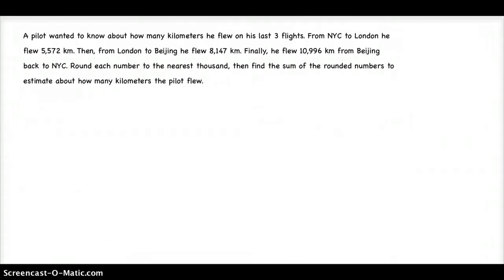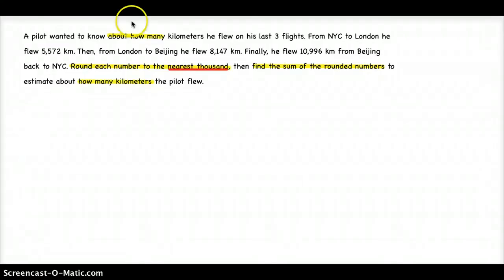We've got a lot to do on this problem. It's not just a simple round. If we analyze our word problem, the first part of the directions is to look at about how many kilometers. When we see the word about in a word problem, we know we're going to be rounding or estimating.